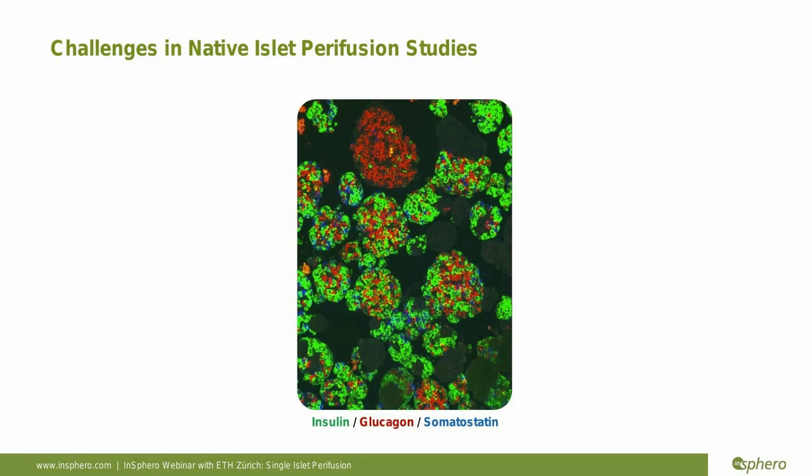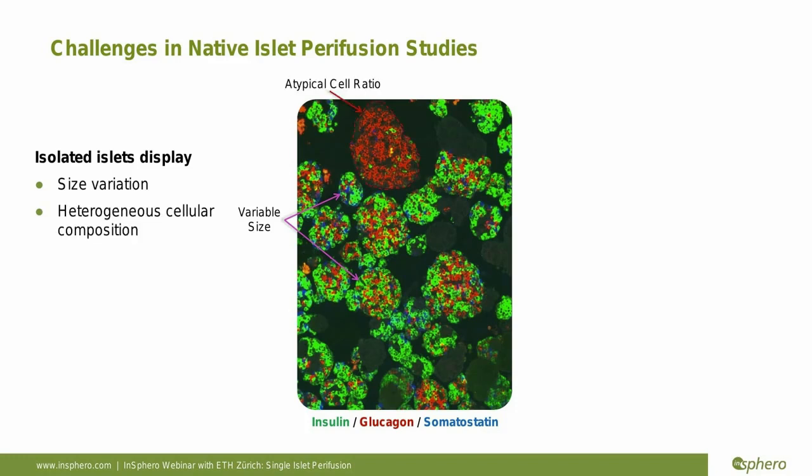And they do present some inherent size variation. This can vary from a couple of micrometers in size to 300, 400 micrometers in adult, healthy individuals. And they also can present very heterogeneous cellular composition.